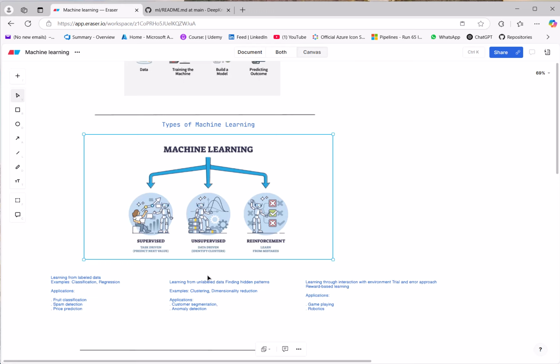Let's say you don't have any label for these fruits. Unsupervised learning will try to group similar things, by shape, in one group. For instance, it will assign apple and orange to one group, and carrot and banana to another group because they have different shapes. And this is unsupervised learning.